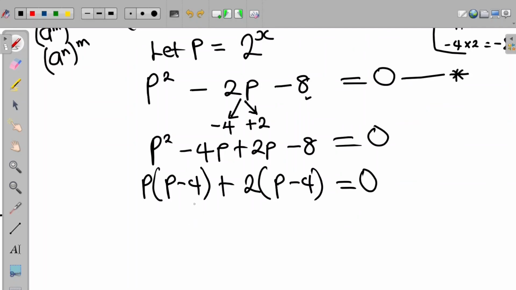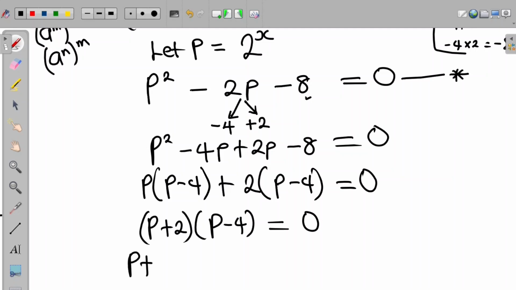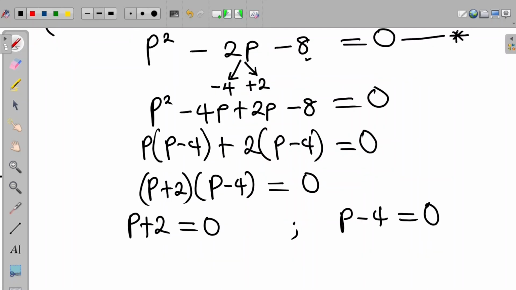So now we have p plus 2 multiplied by p minus 4 is equal to 0. Thus, p plus 2 is equal to 0, also p minus 4 is equal to 0. So therefore, p is equal to -2 or p is equal to positive 4.